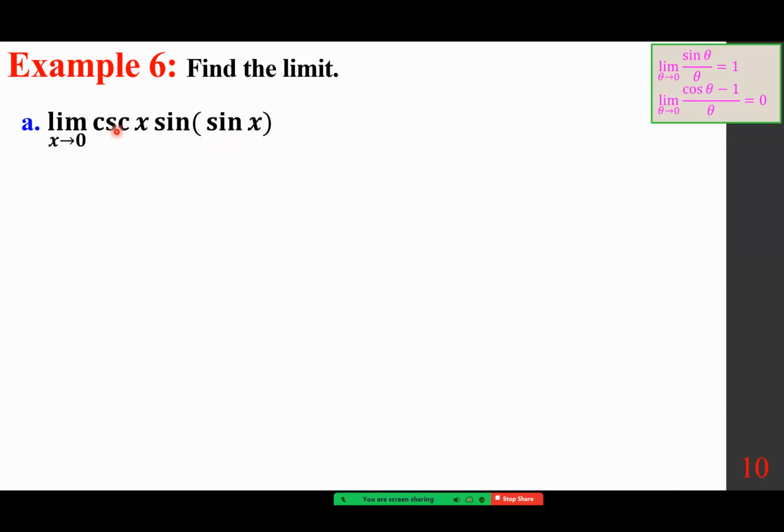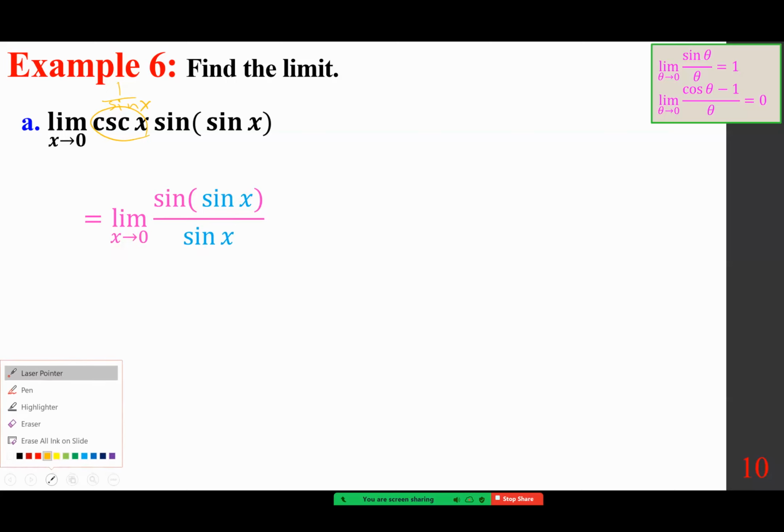Well, we know cosecant is 1 over sine. This can be replaced with 1 over sine x. Now, these two are the same. But this is not the same as those.